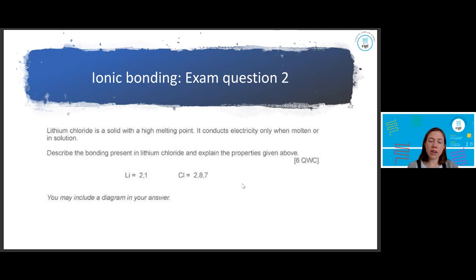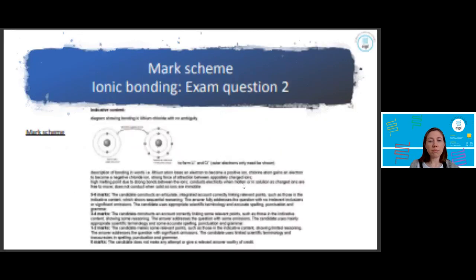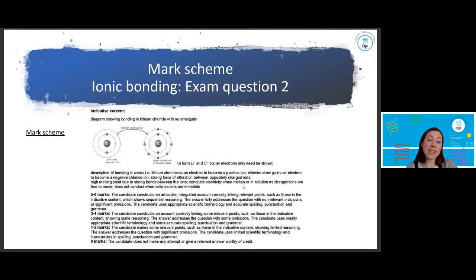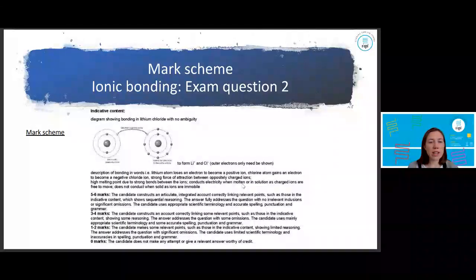Okay, so if you need more time, remember, just pause this and restart it when you're finished. Okay, so here we've got quite a lot of information, in fact, but this is the mark scheme for this particular question. So first of all, there's a diagram there showing the bonding in lithium chloride, okay? So I know it's not very clear on here, but you can see there's a transfer of an electron from lithium to chlorine, okay?